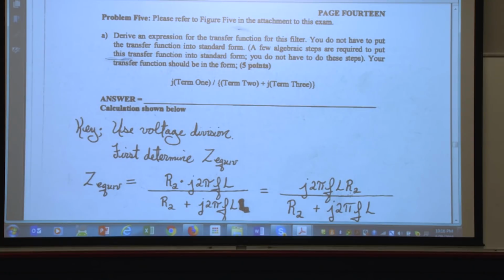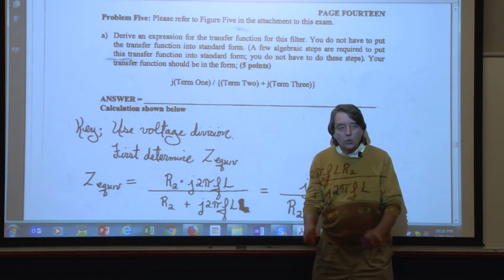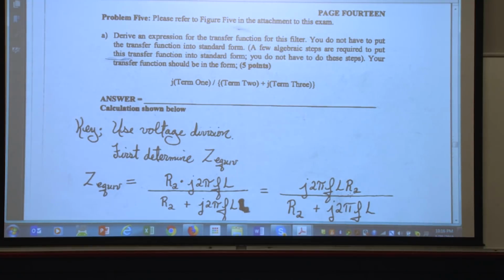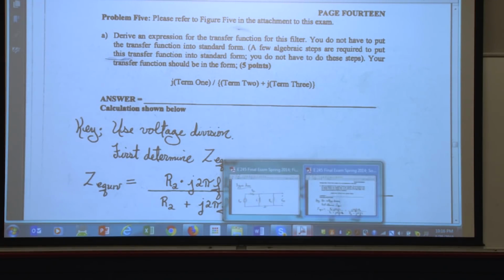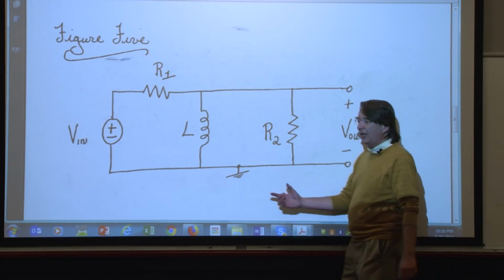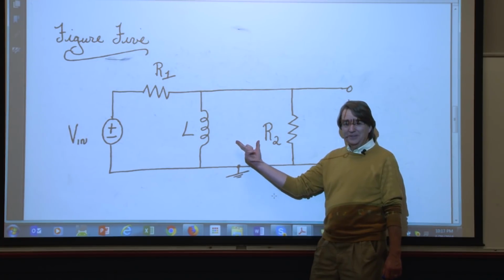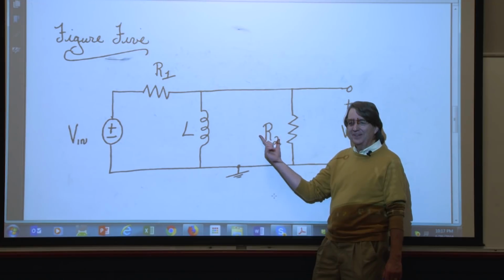Now, what I do is voltage division. So if you look at your circuit, the thing that I do first is to calculate Z equivalent. Now, we're familiar with R equivalent. And just as Michael was saying earlier, not REQ, ZEQ, right here.